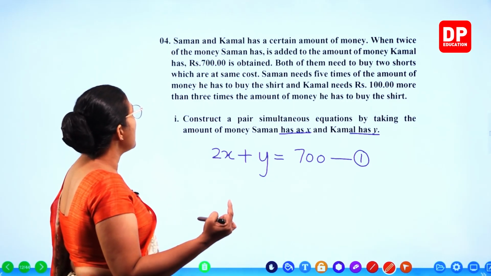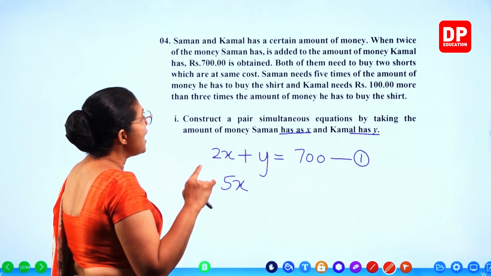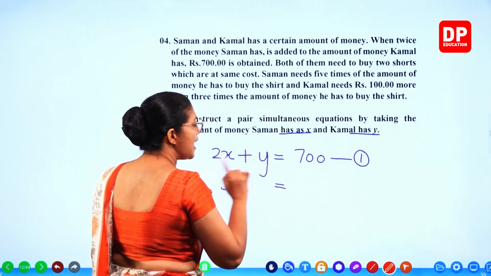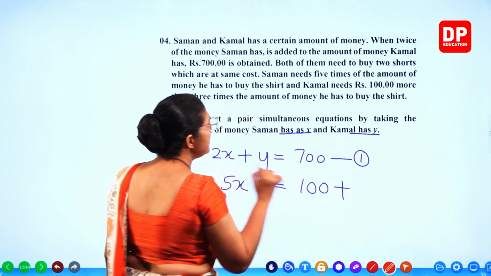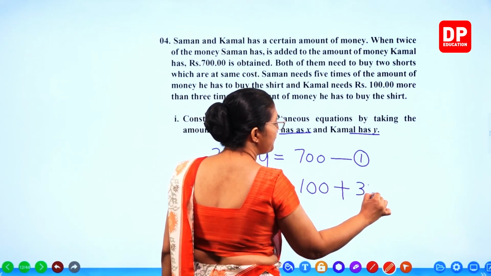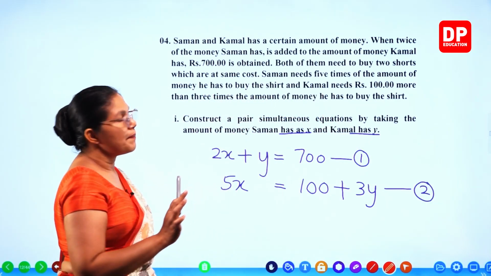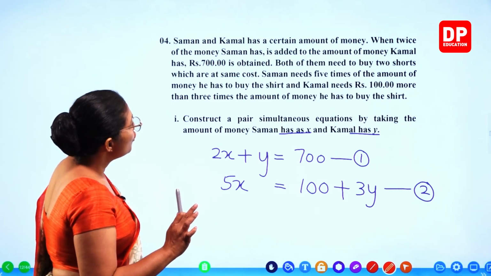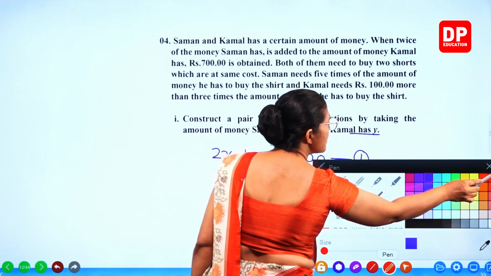That's x. 5 times, so 5x, to buy the shirt, and Kamal needs 100 rupees more than, so these are the same because the shirt prices are the same, 100 rupees more than, that's plus 3 times the amount of money he has. So 3y. So these are equal because it says the prices are the same for shirts. So this is the second equation. So you get 2 marks for constructing these 2 equations.